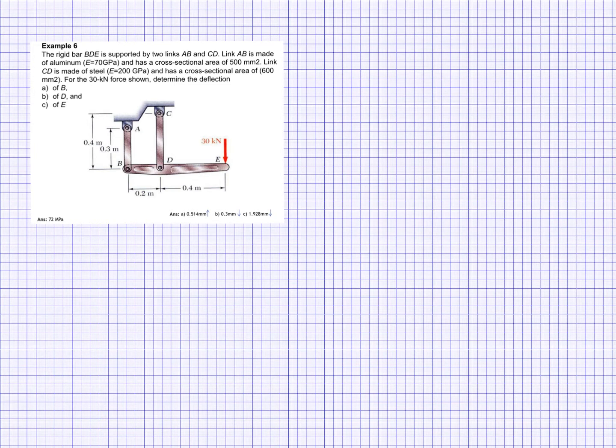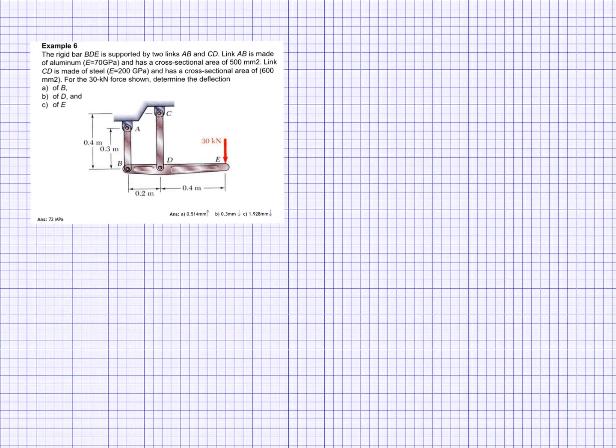Okay, so area for link AB and CD is given. For the 30 kilonewton force shown, determine the deflection of B, D and E. The external force here is given as 30 kilonewton.